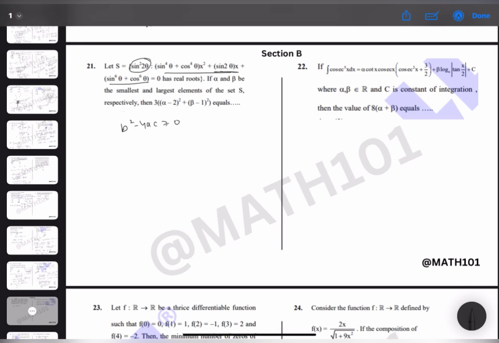B is sine 2 theta, so b square is sine square 2 theta, minus 4 a is sine to the power 4 theta plus cos to the power 4 theta, c is sine to the power of 6 theta plus cos to the power of 6 theta, sine square 2 theta equals to 0.